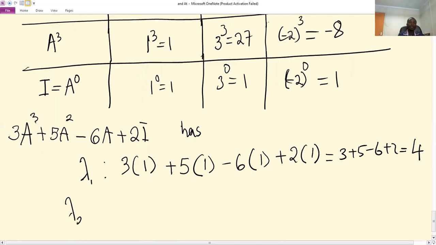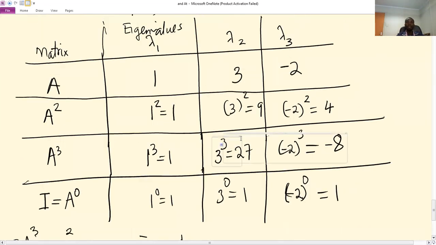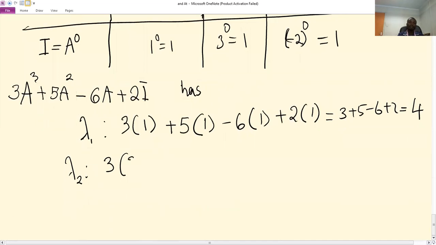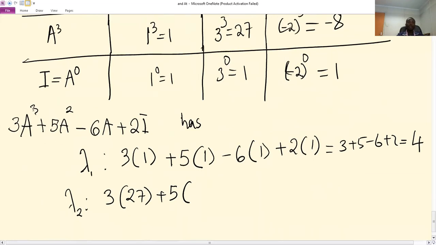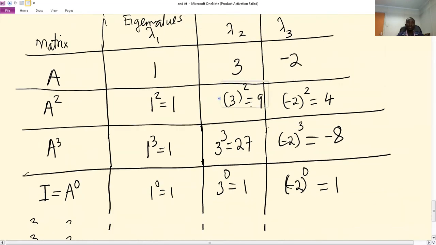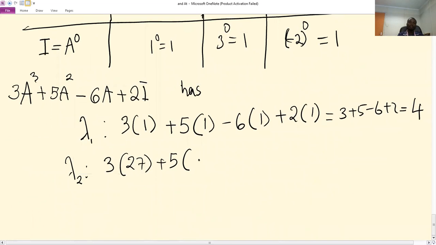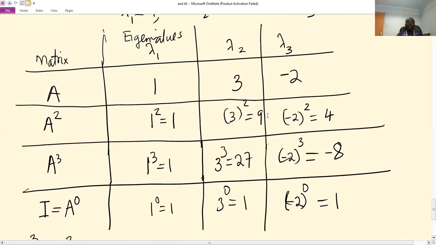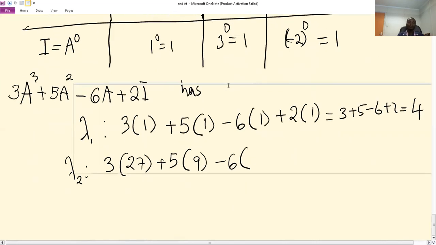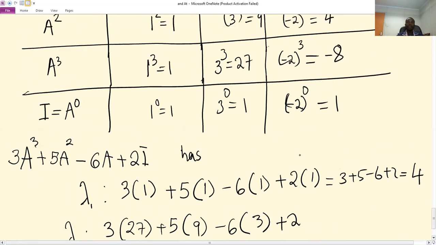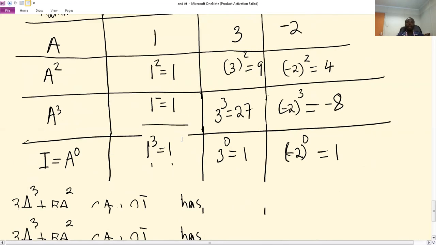And lambda 2 will be 3 times, for lambda 2 with A power 3, 27, plus 5 times, for lambda 2 with A squared, 9, minus 6 times, for lambda 2 with A, 3, plus 2 times, for lambda 2 with I, 1.